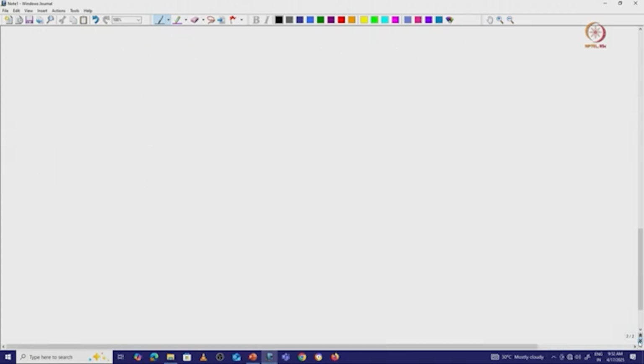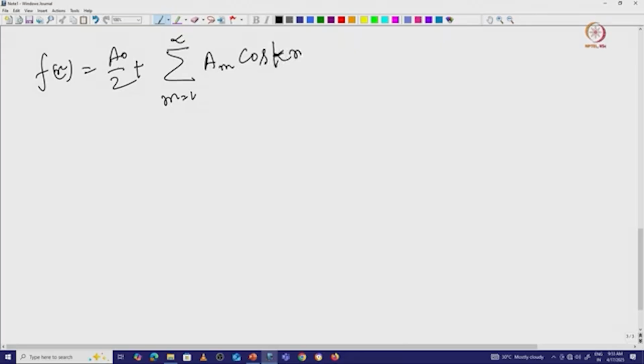So, here if we just write that formula again, f of x equals a0 by 2, and then the summation, m equals 1 to infinity, am cos kmx, plus summation m equals 1 to infinity, bm sin kmx.